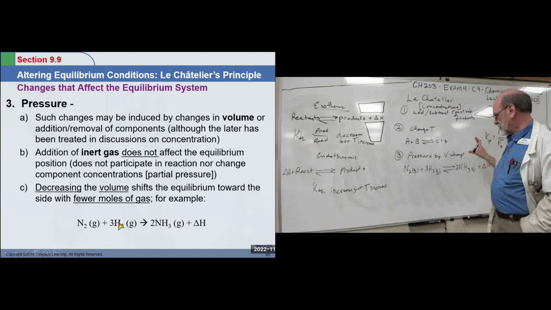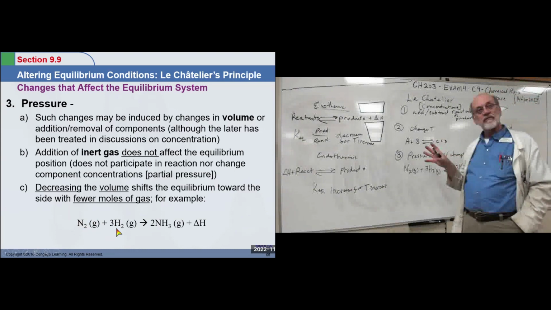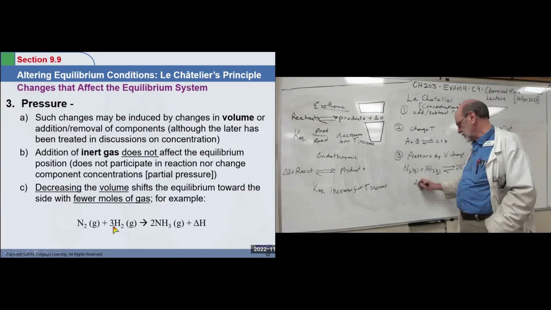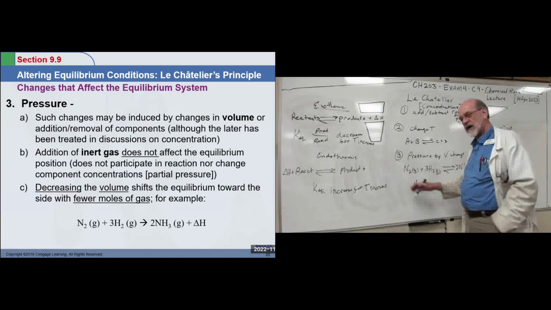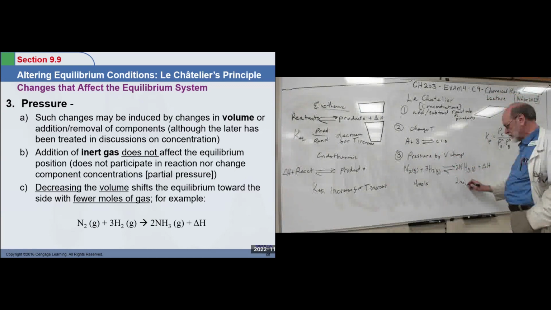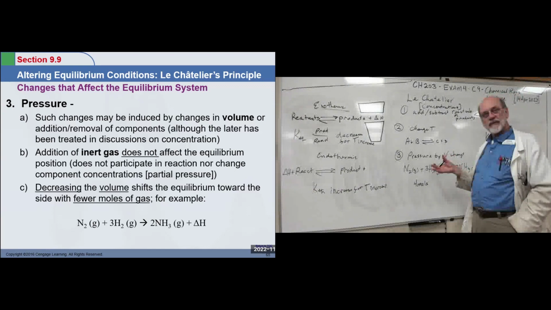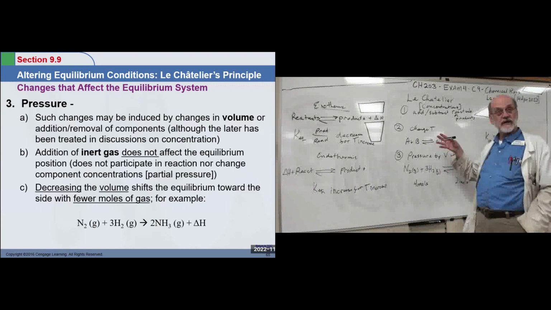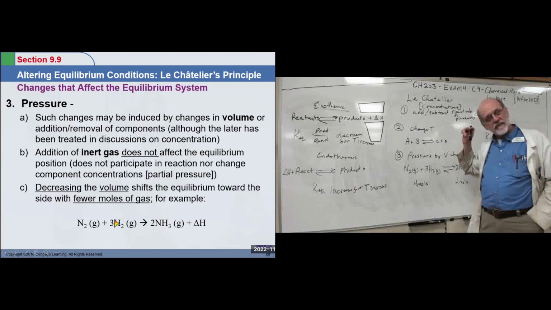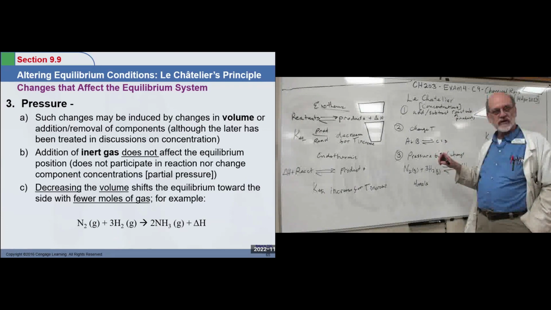So how do we know which way it's going to go, though? Well, you count the number of moles of gas on either side. Right? This is 3 plus 1 is 4. That's 4 moles of gas on the reactant side. On the product side, you only have 2 moles. Right? So if we increase the pressure by decreasing the volume, right, that's Boyle's law, then the system is going to react in a way to alleviate that pressure.